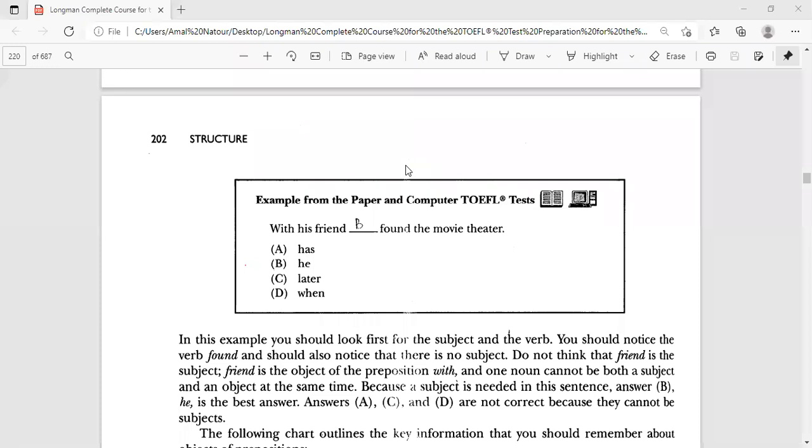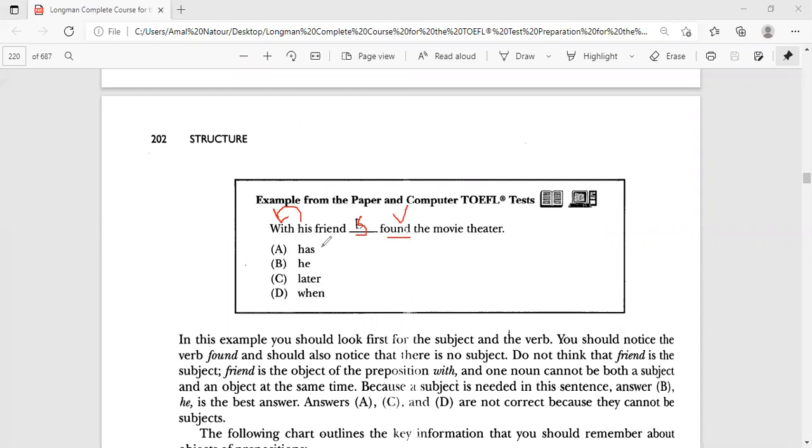Then here there should be a subject, because this is the verb. Is his friend the subject? No, his friend is the object of the preposition that it follows. Then here I need a subject. Which one of these four is the subject for the verb found?